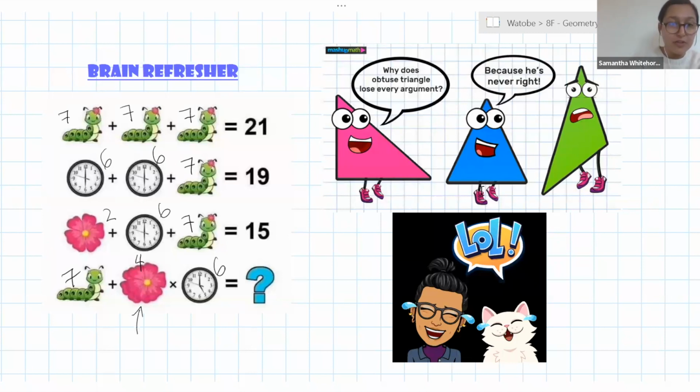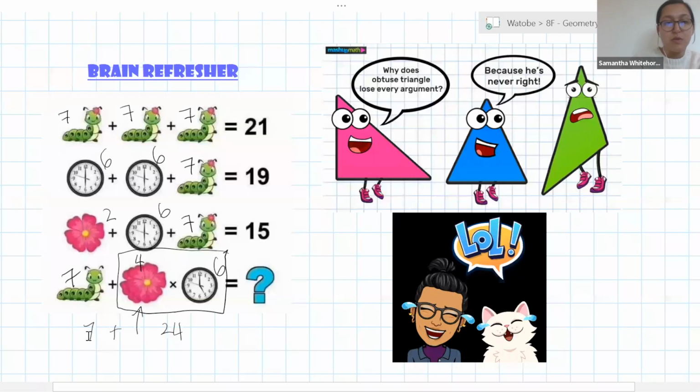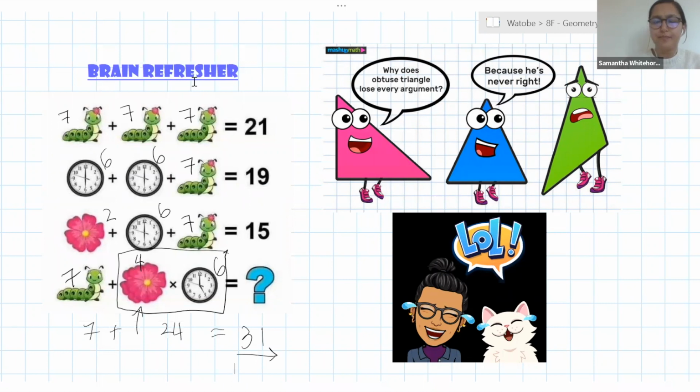So we first want to multiply 4 and 6, which gives us 24. And then only do we want to add the 7. And 7 plus 24 is exactly 31. So just always be mindful of order of work when you're doing even basic sums or questions. Order of work is very, very important.